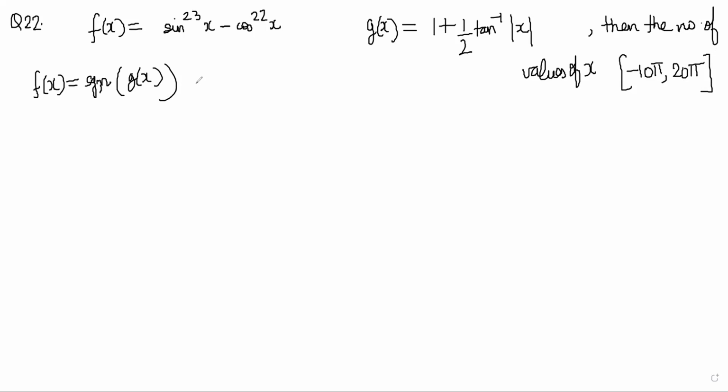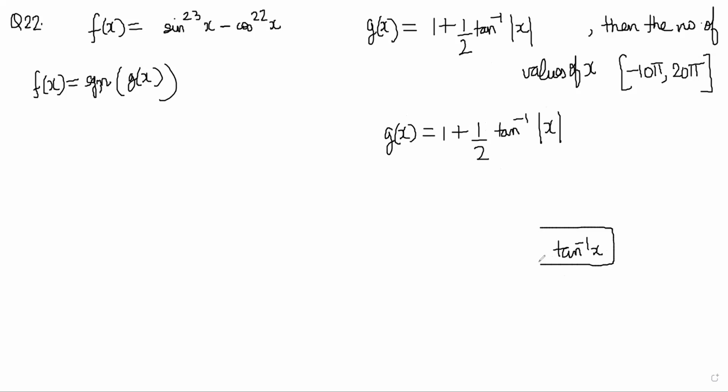Okay, let's think about g(x), because we have to take the signum function of g(x), correct? So g(x) is 1 plus half tan inverse mod x. The tan inverse function, when is it defined?